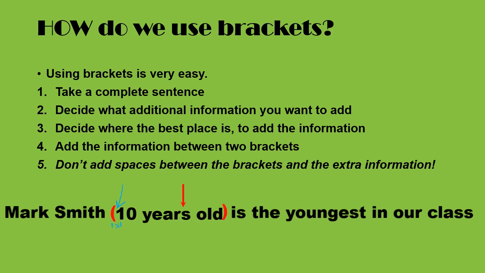Okay, but there is a space here between Smith and the first bracket. It's the same at the end. After the word old, there is no space, but there is a space after the bracket and before the word is. And don't forget, put a full stop at the end of your sentence.